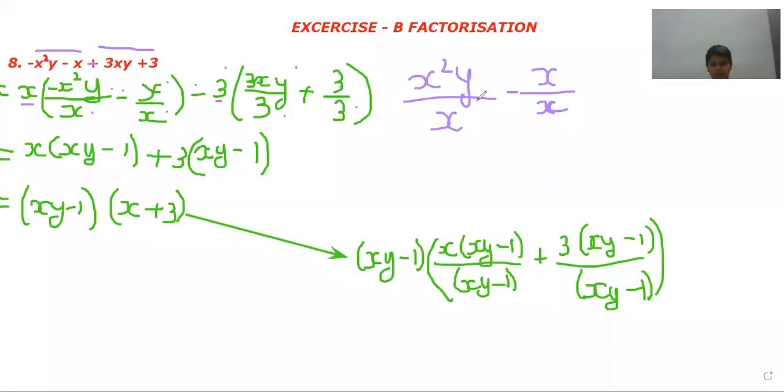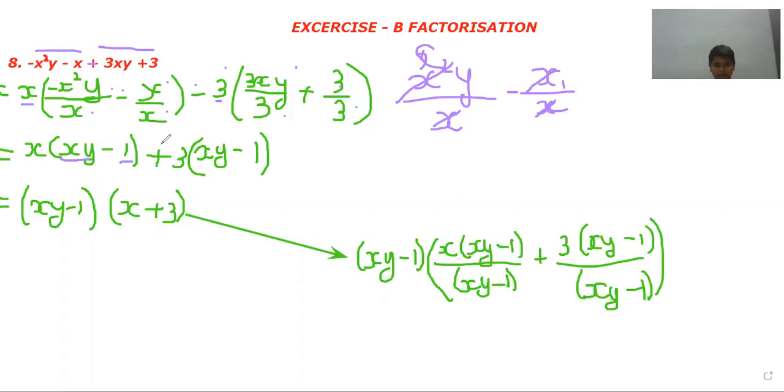So this says like this. So x and x square cancel. What is left? x and y. So xy is kept. Then minus x ones are x, and x and x cancel. What is left? 1 is left.